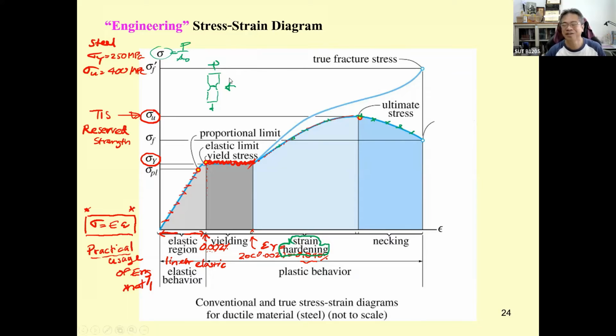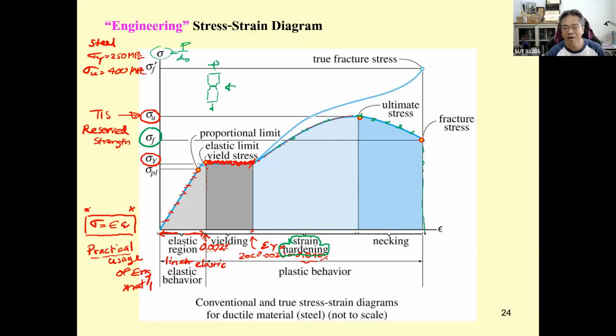If you see my video clips from the previous lecture, you can see this occurs very quickly in the testing. Then it separates into two pieces over here. That is the fracture point, and it produces the fracture stress.